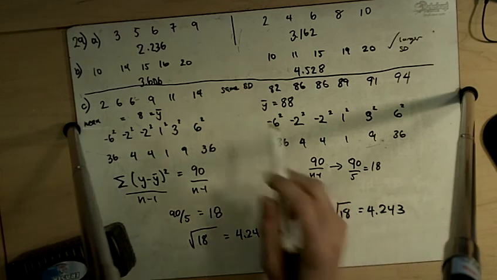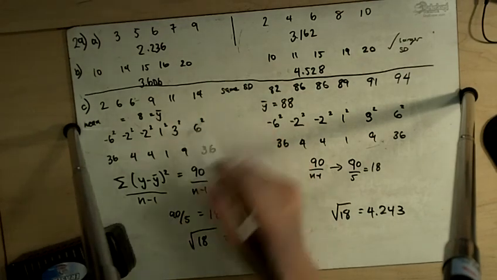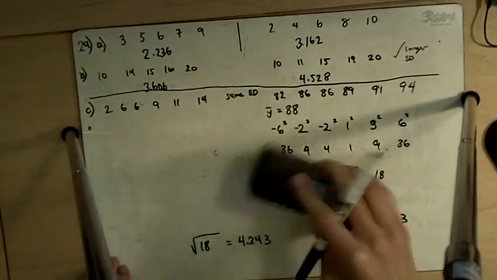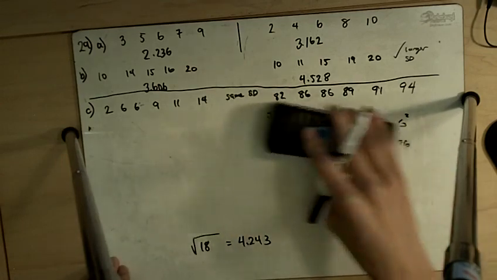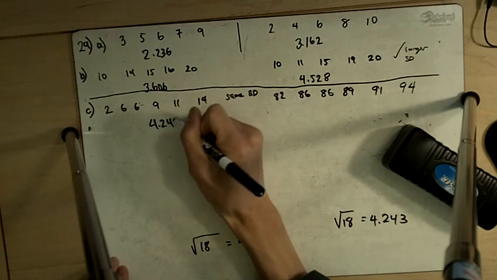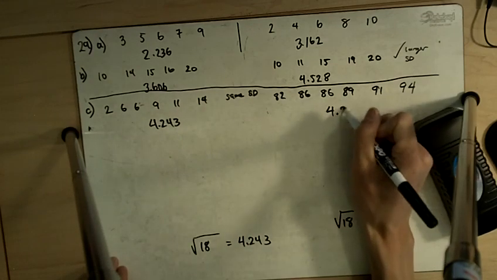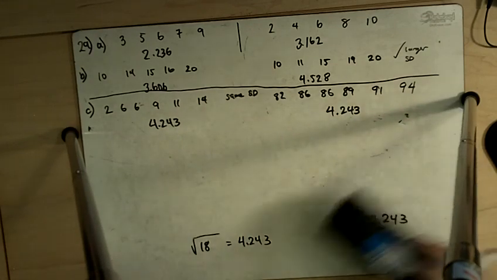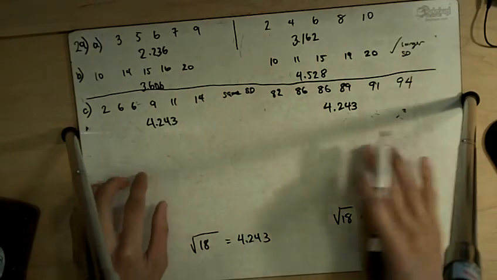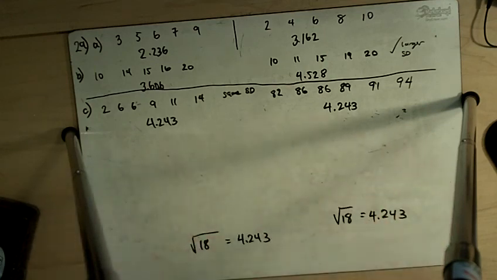So in both cases we have the same standard deviation, and that is equal to 4.243. So in this case, we had different numbers, but because one was just the other set of numbers shifted over, it did not affect our standard deviation.